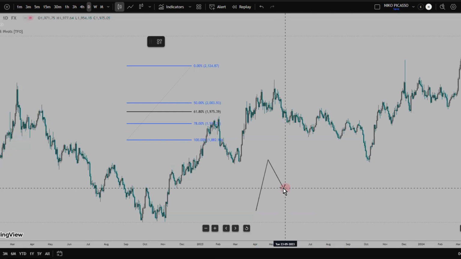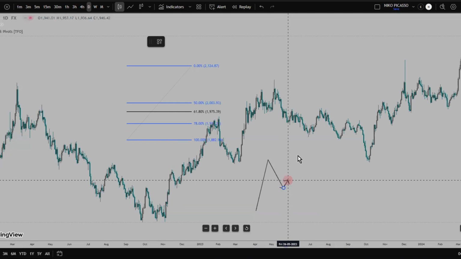And then after this higher low is created and we have other confluences of confirmation, such as variations of AMD, accumulation, manipulation, distribution, or break of structure, fractal break of structure, then we can take the buy trade in that direction.